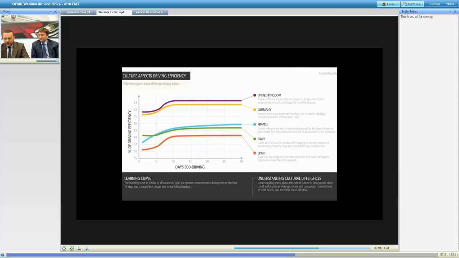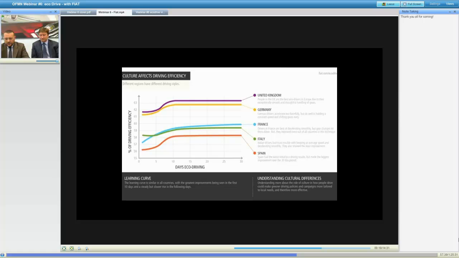We have then Italy. They have quite some trouble keeping the average speed, so too much stopping and accelerating, and they are the drivers that are improving least among our 5 countries.